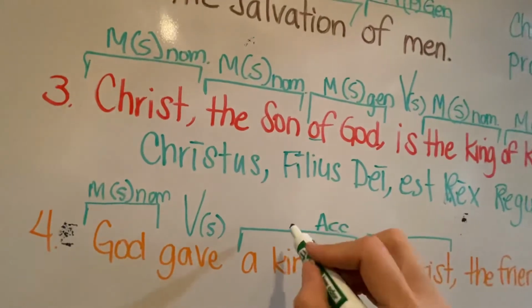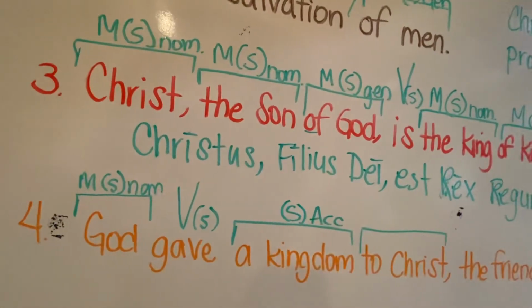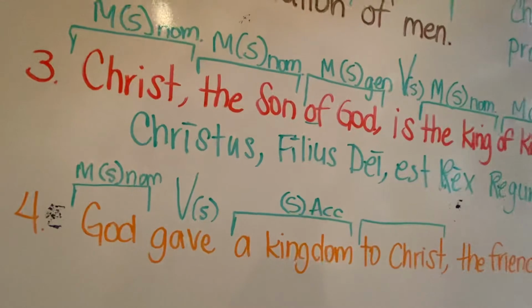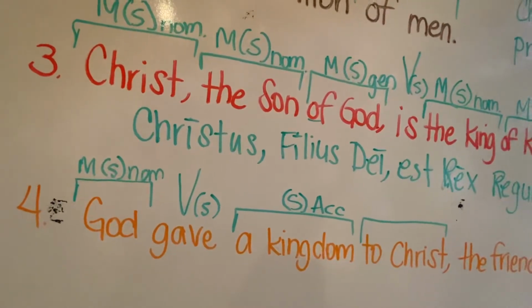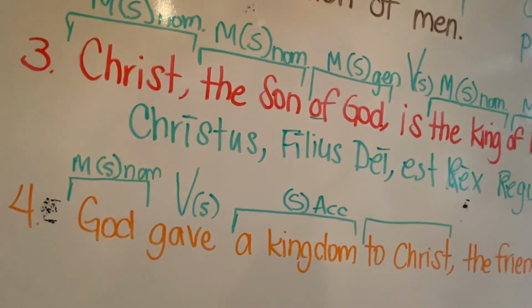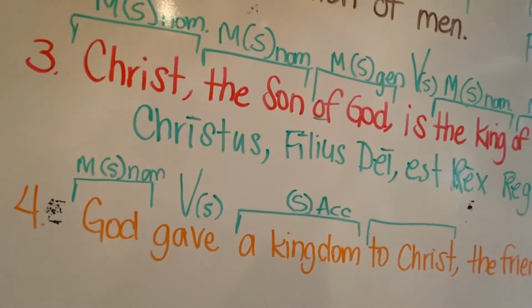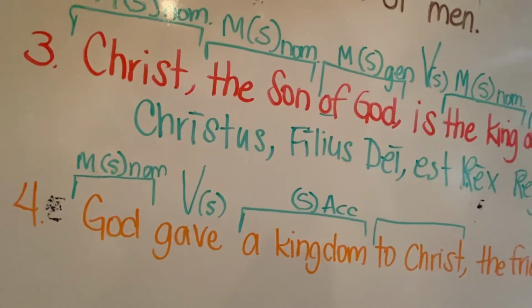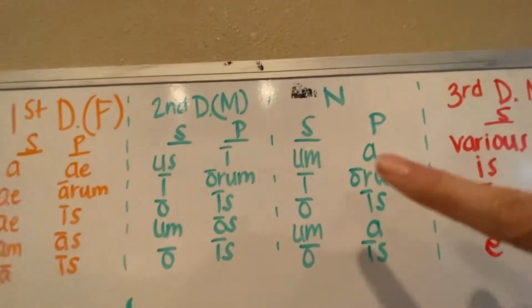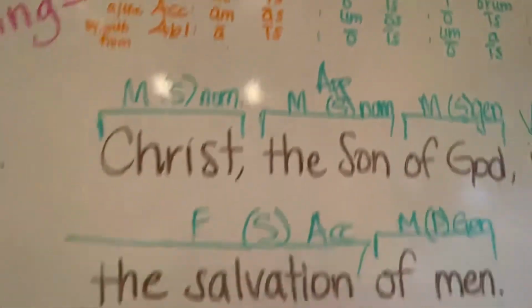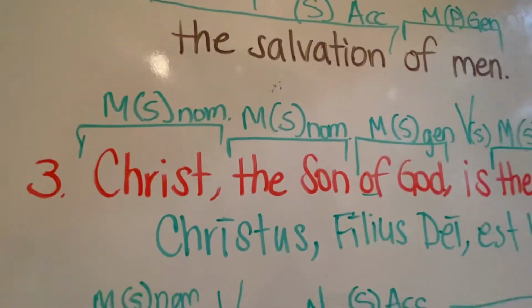And this would also be singular. Okay, and it's kingdom, royal power. Regnum, regni, okay? So, regnum, regni. That makes this a neuter word in terms of gender.